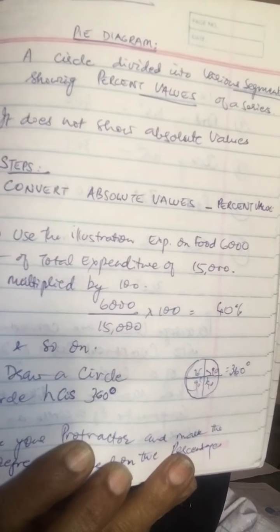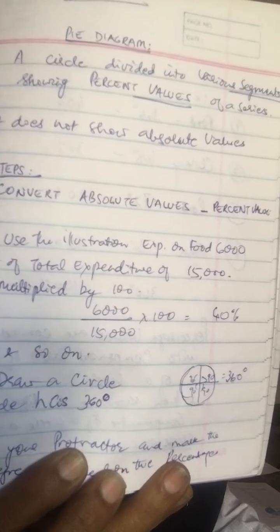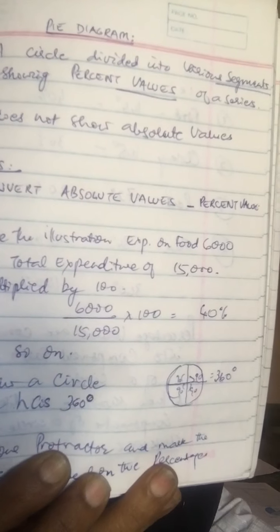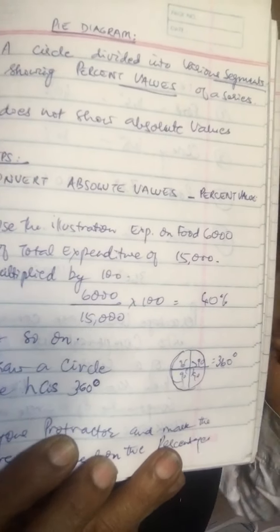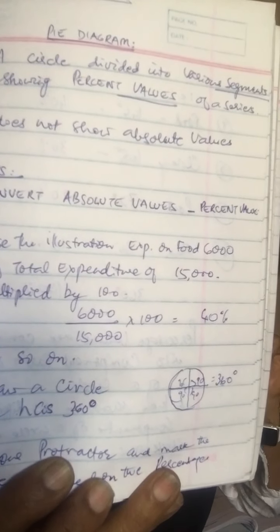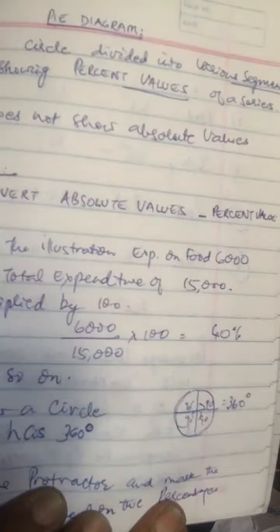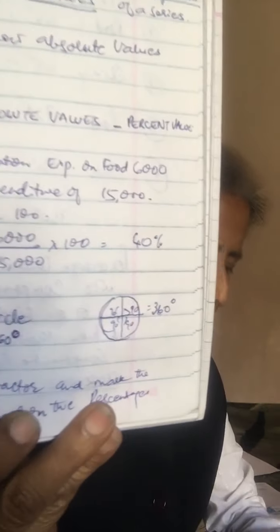The first step is the absolute values of the series are converted into percent values. So that's the first step. And the second step is to then draw the circle. And then we mark out the segments with the help of the protractor.